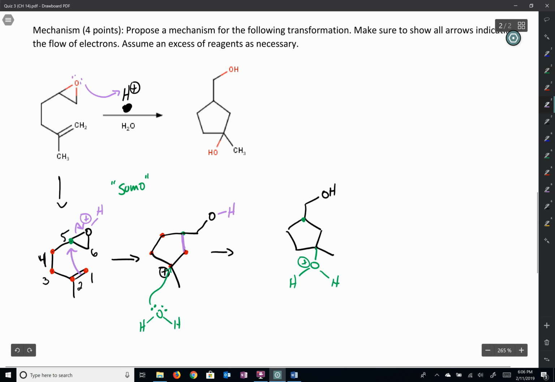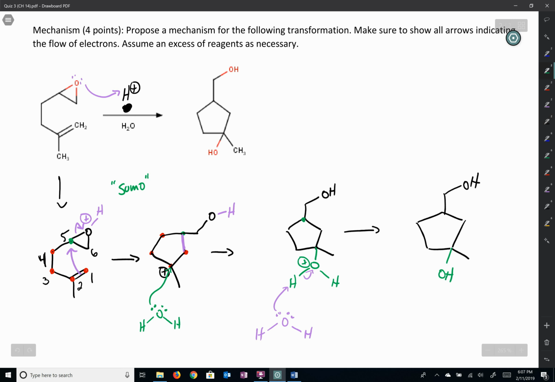And then the last thing that happens is more water comes in to clean things up. And we end up with this guy here, which is what the product asked us to show a mechanism for.